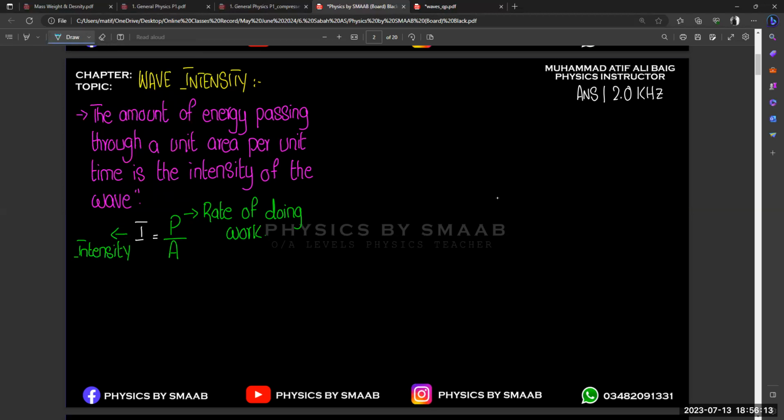Let's suppose we consider the area through which waves pass. It is always perpendicular to the direction of velocity. The area that the wave passes through is perpendicular to the direction of velocity.